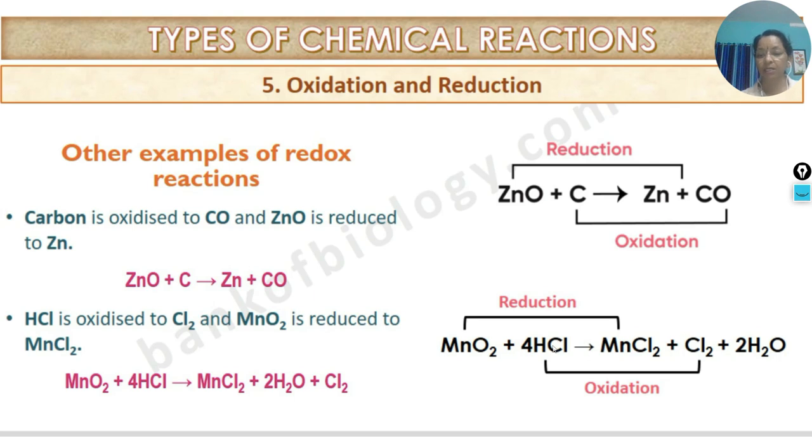So hydrogen chloride is oxidized to chlorine, whereas manganese dioxide is reduced to manganese chloride. Keep in mind, loss of hydrogen is oxidation, and loss of oxygen is reduction.